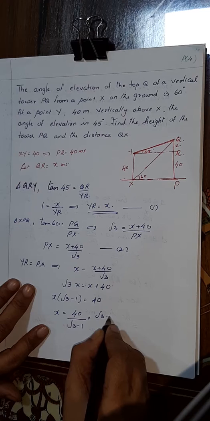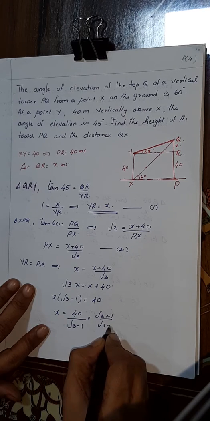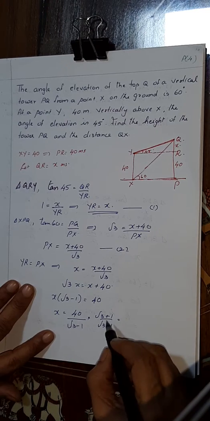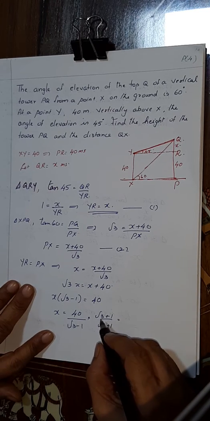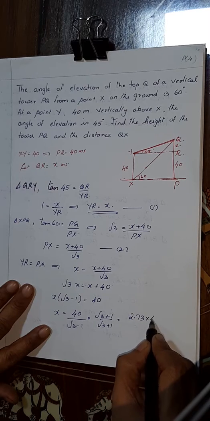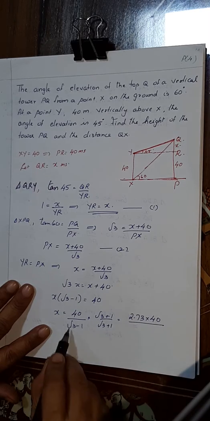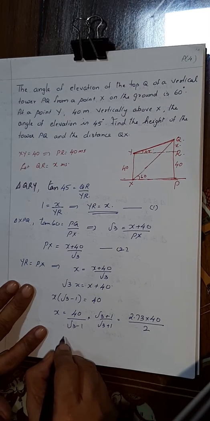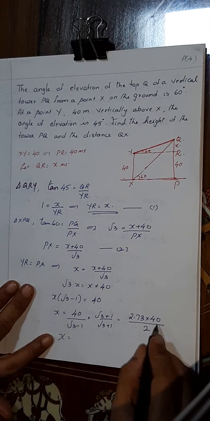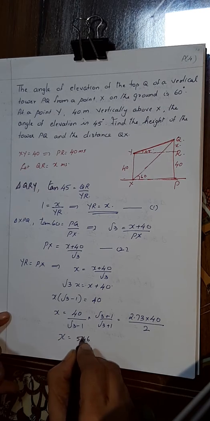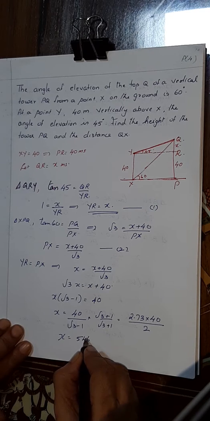So, multiplying by (root 3 plus 1) by (root 3 plus 1), root 3 is 1.73, so 2.73 into 40 by (3 minus 1), which is 2. So, you get 20 times 2.73. So, x is equal to 54.6.